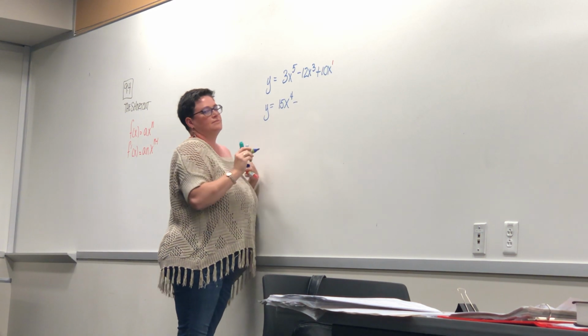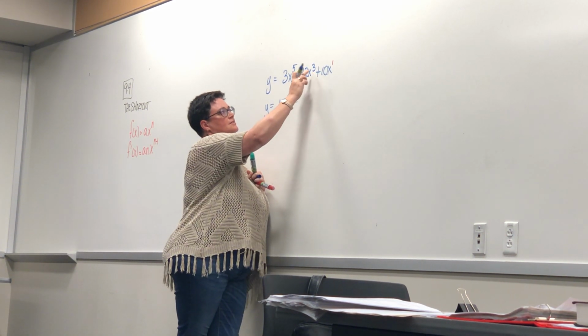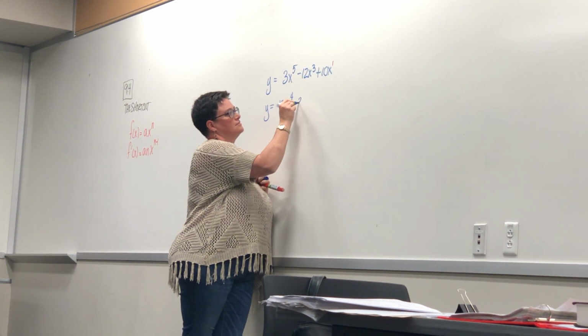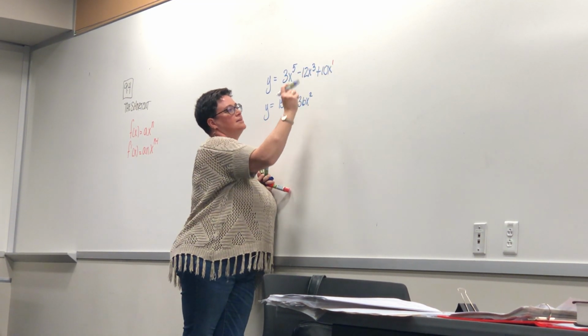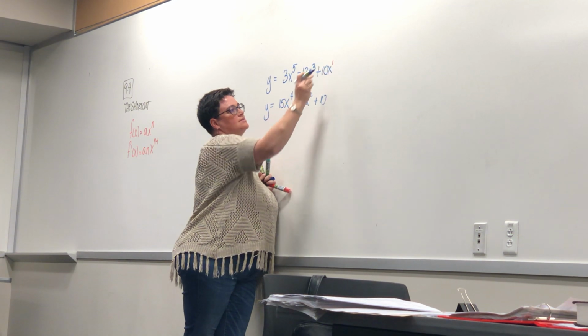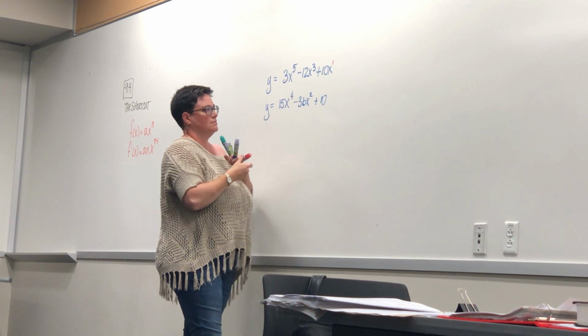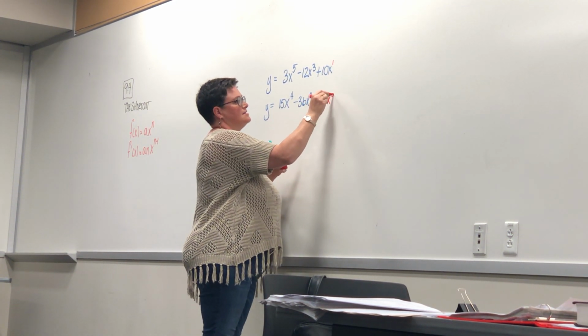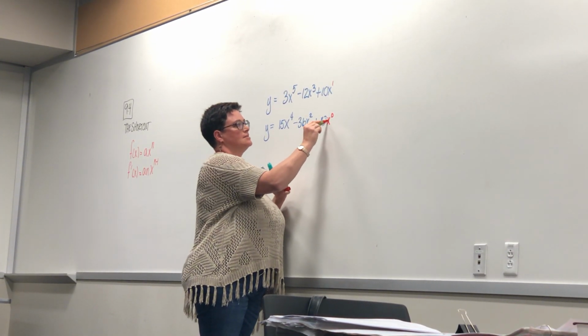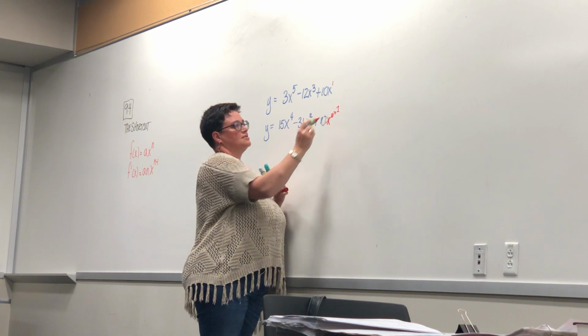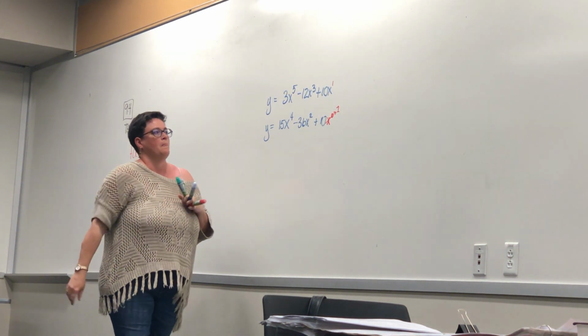You guys really shouldn't be that afraid. 3 times 12 is? And 3 minus 1 is? 1 times 10 is? And 1 minus 1 is? So we're going to have an x to the 0th power, which is just 1. So when you get x to the 0, it's just a 1, right?